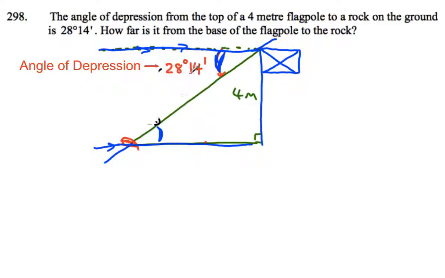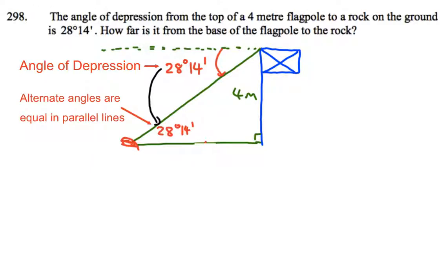So we've been given an angle of depression, but we can transfer that angle down to here because alternate angles are equal. And then we'll have an angle and a side on the one triangle, which was really what we need. So alternate angles are equal in parallel lines, and so you're able to transfer that angle of depression and kind of make it an angle of elevation. And that's good because then we've got two pieces of information on our triangle.